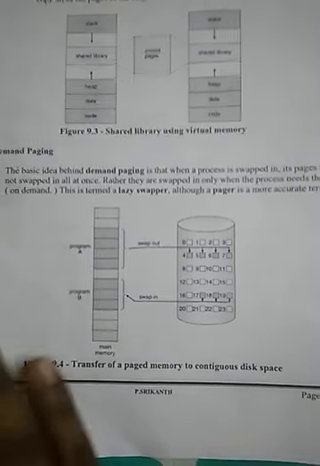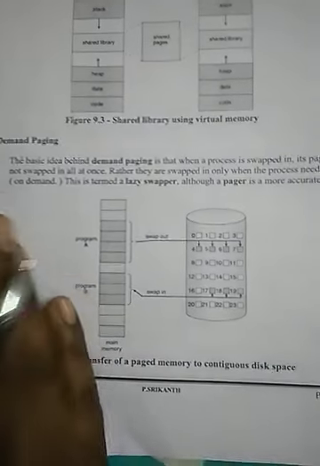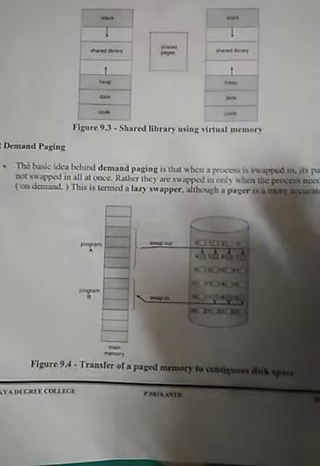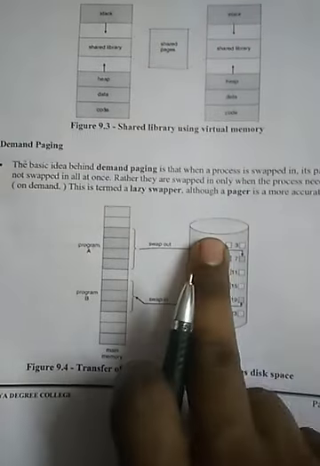When a process stored in main memory goes to virtual secondary memory, it is called swap out.